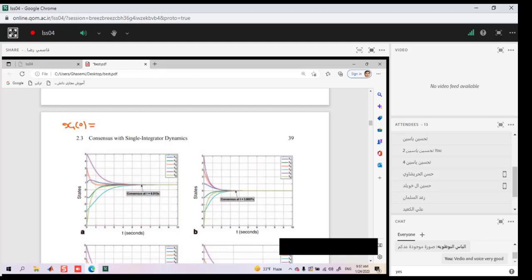The initial condition for the first agent is 1, for the second agent is 2, and for the third agent is minus 10. This means the consensus occurs in the mean value. X SS equal to 1 plus 2 minus 10 over 3.